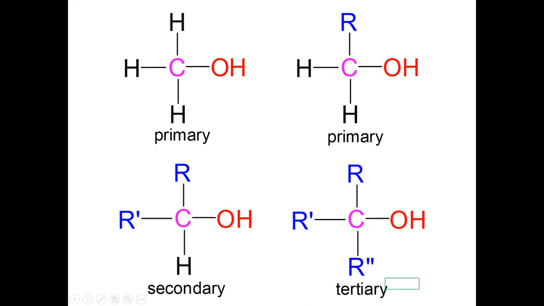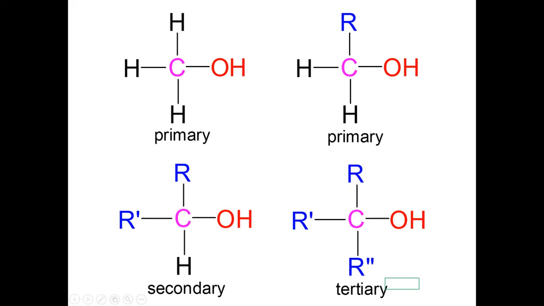Whereas for a secondary alcohol, as you can see here, this carbon is attached to one alkyl group and another alkyl group. How many alkyl groups are in this structure? You have 1 and 2. This carbon is considered a secondary carbon.